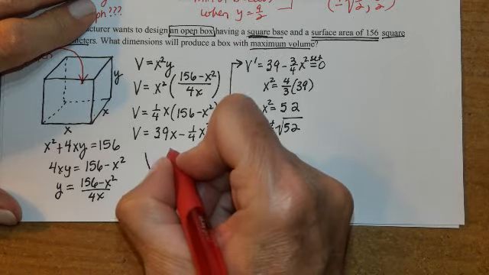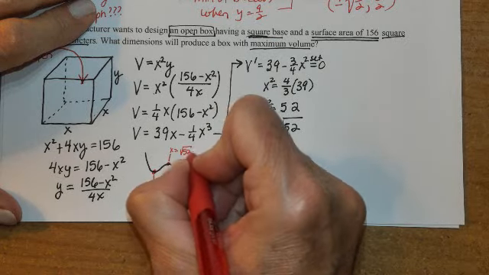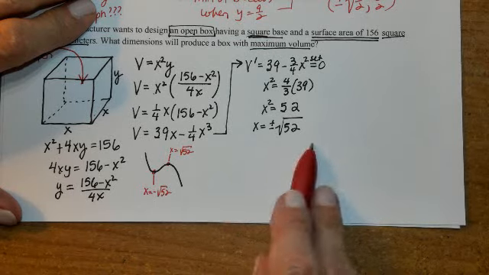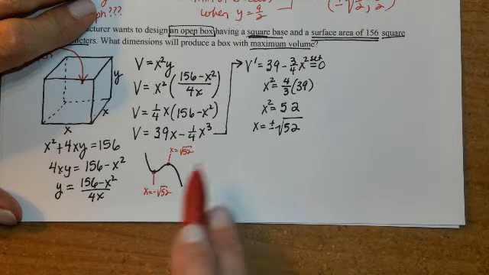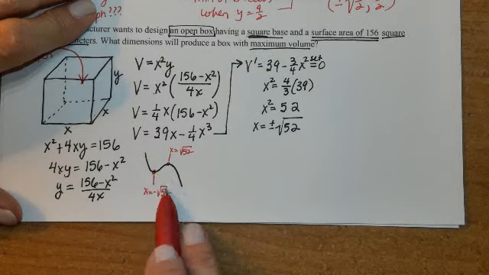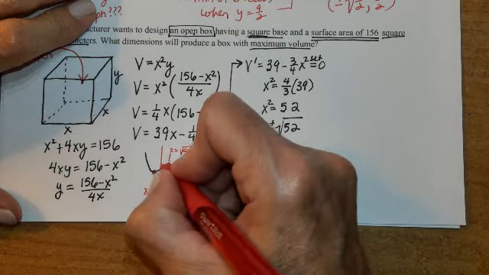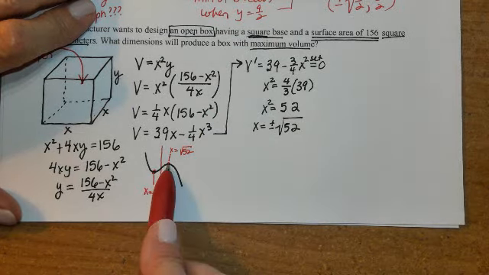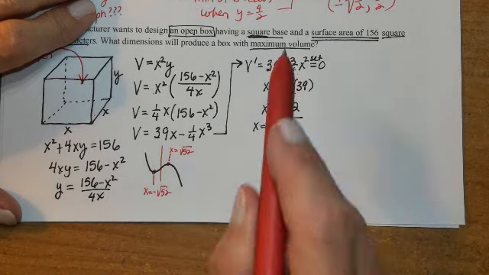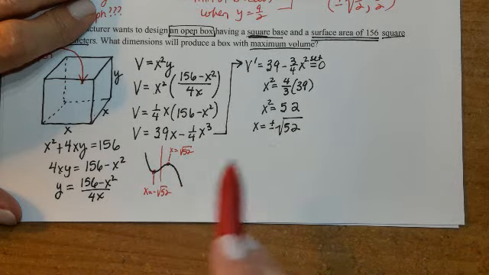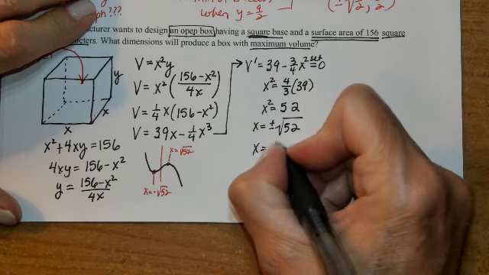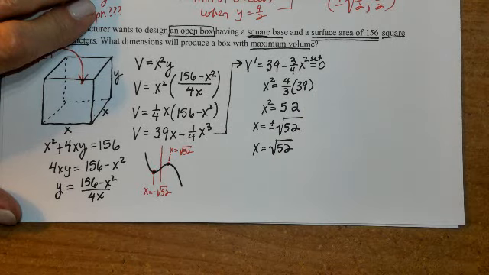Up here, this must be x is positive square root of 52, right? Which means I don't have to do a sign chart because x can't be negative 52. 0 is between there, right? So the maximum volume of this box has to be when x is positive square root of 52. Has to be.